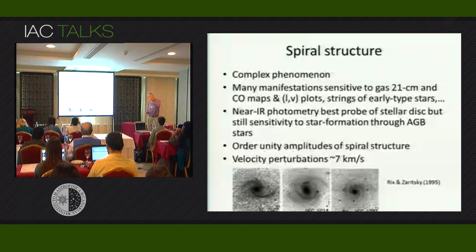What is absolutely clear is that the gravitational potential has an amplitude that's at least 7 kilometers a second. We see this in our own galaxy by looking at what's called the terminal velocity, so the largest radial velocity along a line of sight through the disk between l is 90 and l is 270, minus 90 to plus 90.